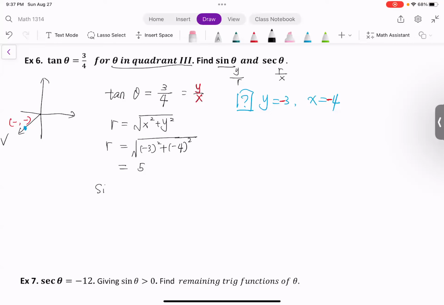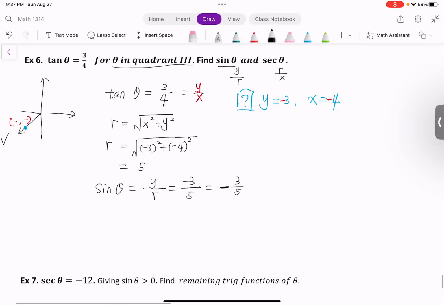Can you find the sine theta? Sine theta equals y divided by r. So y is negative 3, r is 5. So it's negative 3 over 5. Yes, sine in the third quadrant is negative. How about the secant?